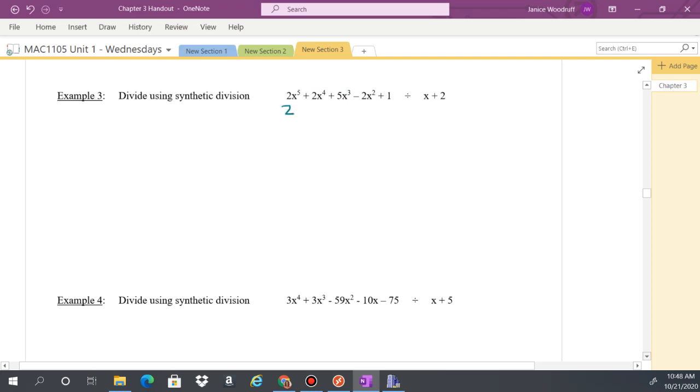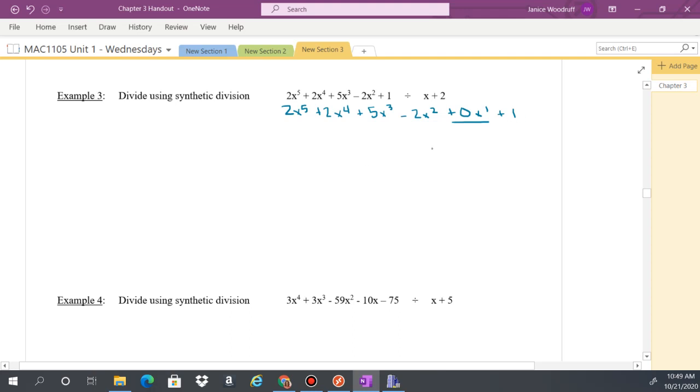So this is 2x to the 5th, 2x to the 4th, 5x cubed minus 2x squared plus 0x to the 1st plus 1. You've got to fill in that missing value if there are any.